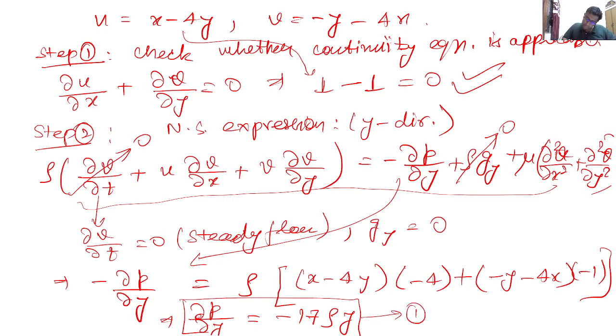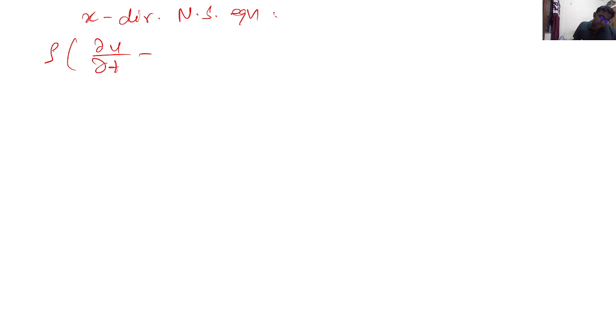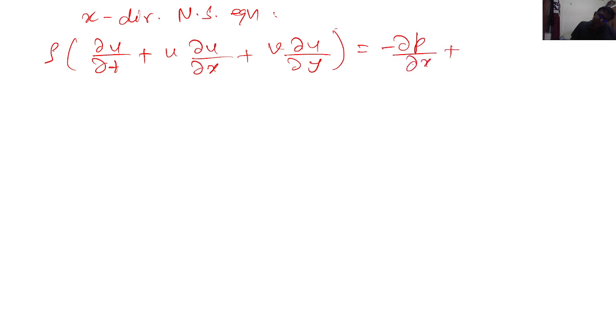Let us take this expression as 1. Now the x direction Navier-Stokes equation: rho times del u by del t plus u del u by del x plus v del u by del y equal to minus del p by del x plus rho gx plus mu times del 2 u by del x square plus del 2 u by del y square.